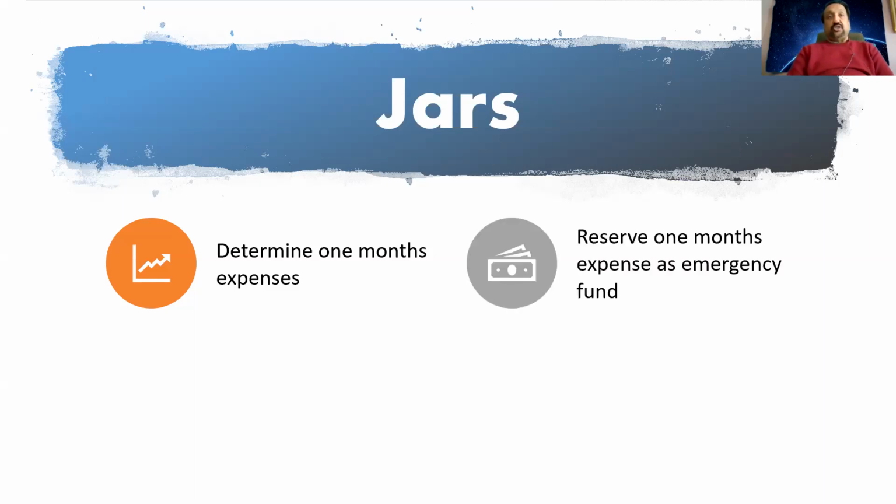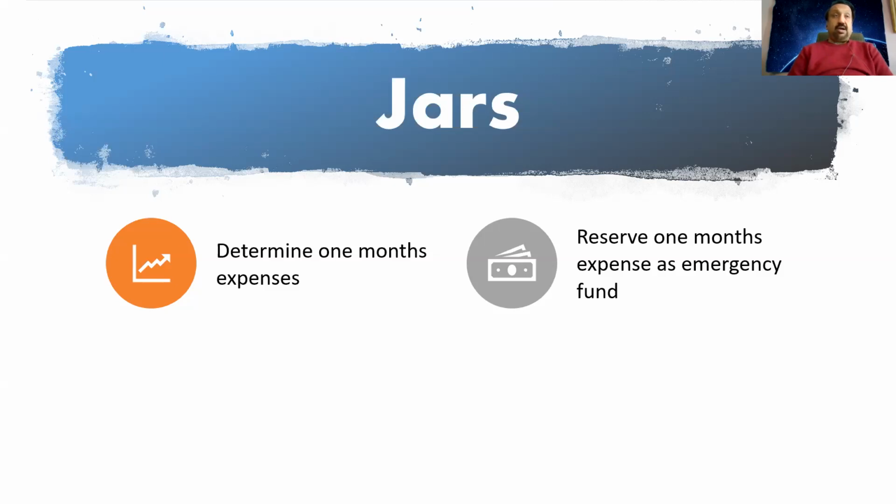Step two, you need to save enough money so that you have an emergency fund equal to 1 month's expenses. Now, this can be different for different people. If you're a single person, a married couple, or a family of 4 or 5 people going to school, college, and all that kind of thing, it's a different number for different people, but you always have to have an emergency fund of a month.